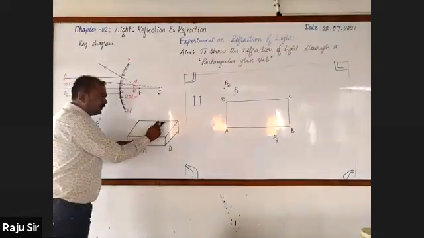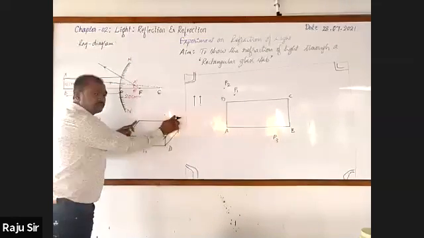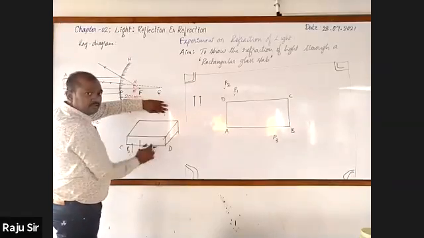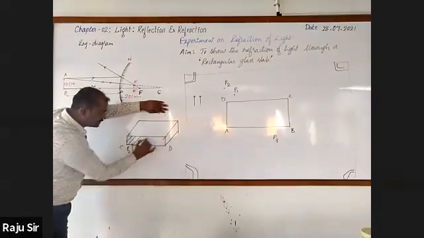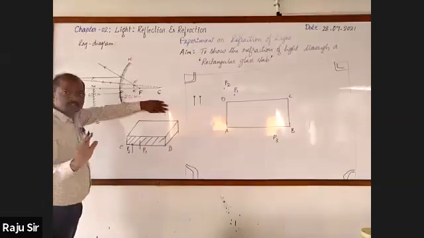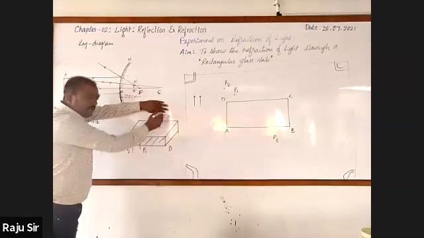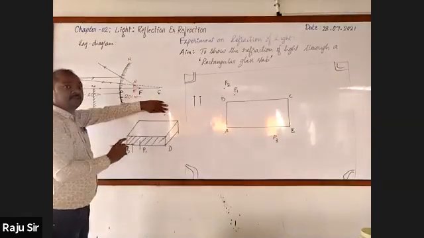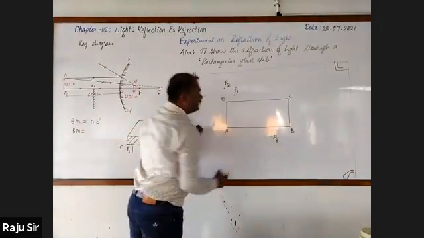You are going to fix another pin against AB on this side by observing all the three pins through this face. Did you understand now? Such that they appear as if they are in a straight line. So we are fixing the third pin.